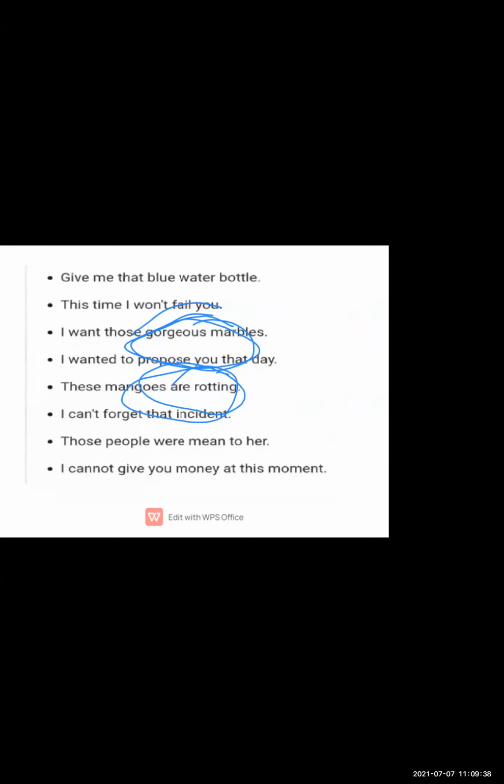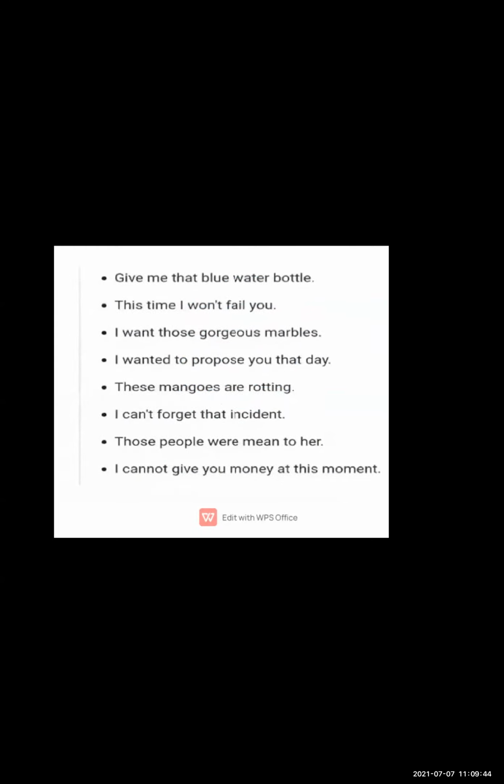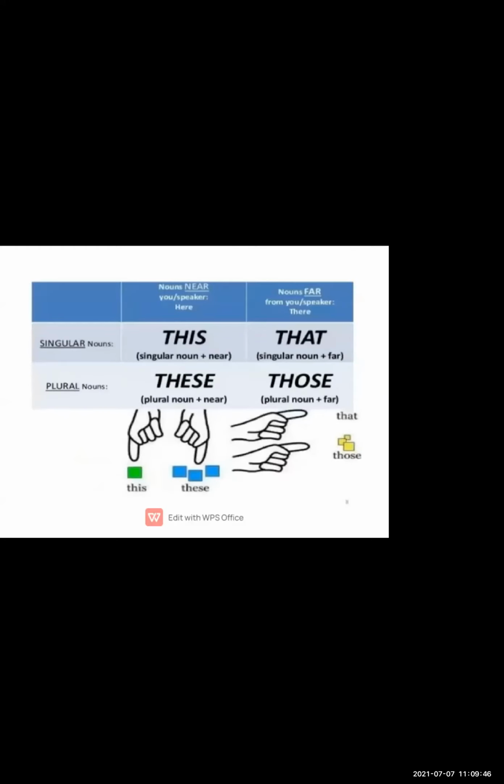Wait, I will show you the sentences. For example, if I have only one pencil, what will I say? This is my pencil, because I have only one, singular. If I have so many pencils, what do I say? These are my pencils. Both the things are near to me.